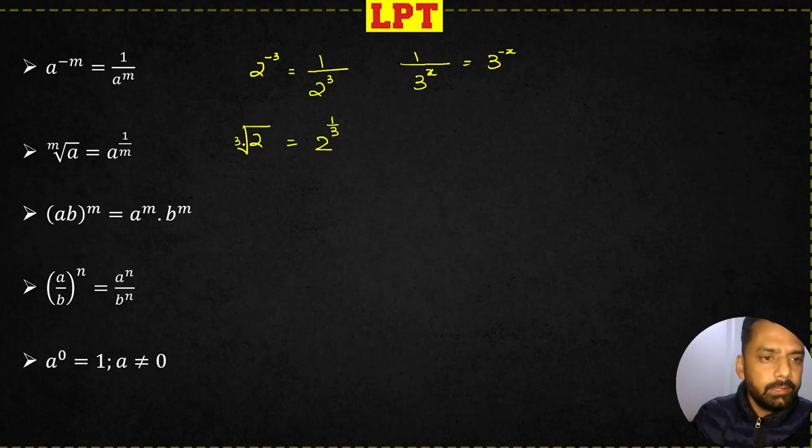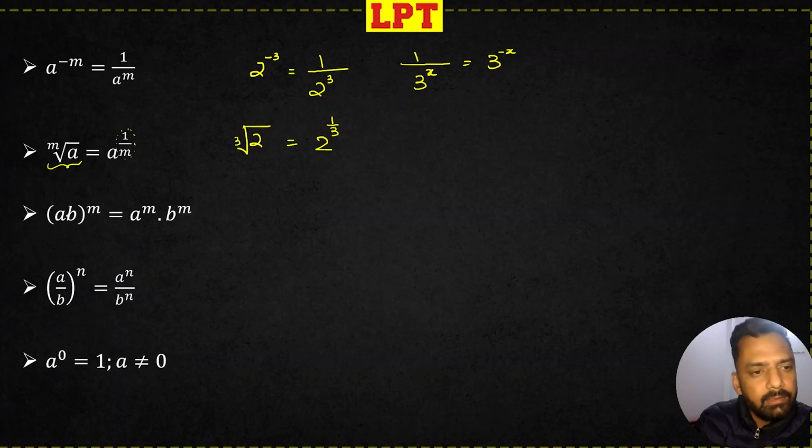If I have an mth root, meaning mth order of the surd, it can be written as a to the power 1 by m. So whenever you see the power is a fraction 1 by something, I can simply convert it into a surd.